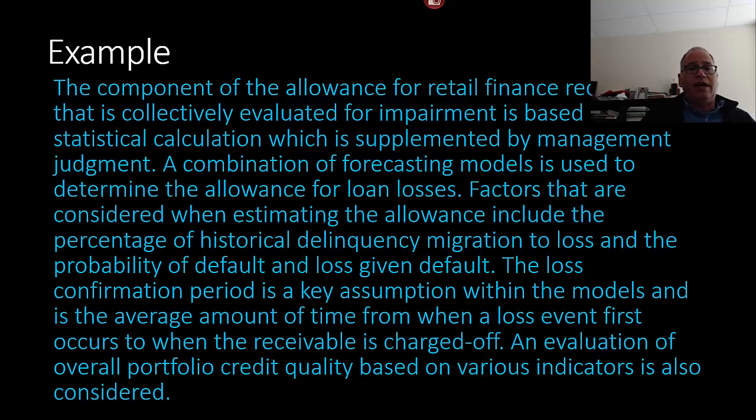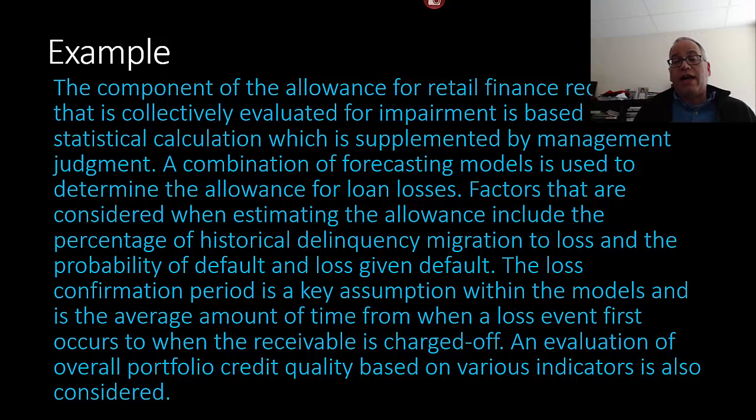So now let's go through an example. You can read the sentence and you can download it nearby. The component of the allowance for retail finance receivables collectively evaluated for impairment is based on a statistical calculation which is supplemented by management judgment. A combination of forecasting models is used to determine the allowance for loan losses.